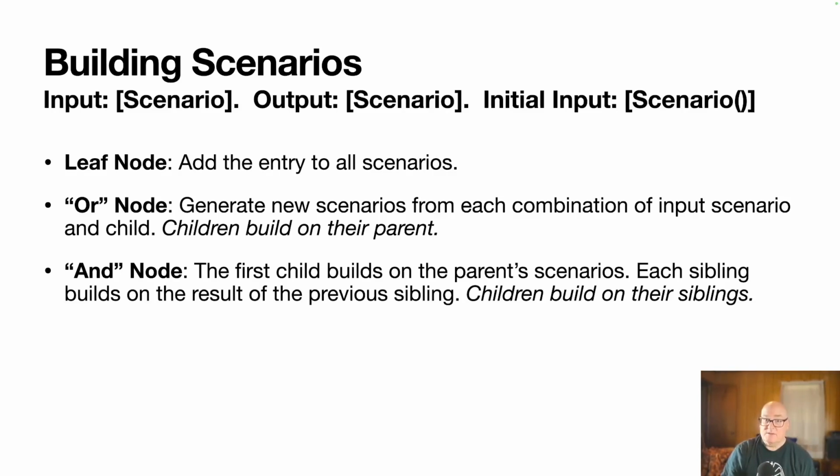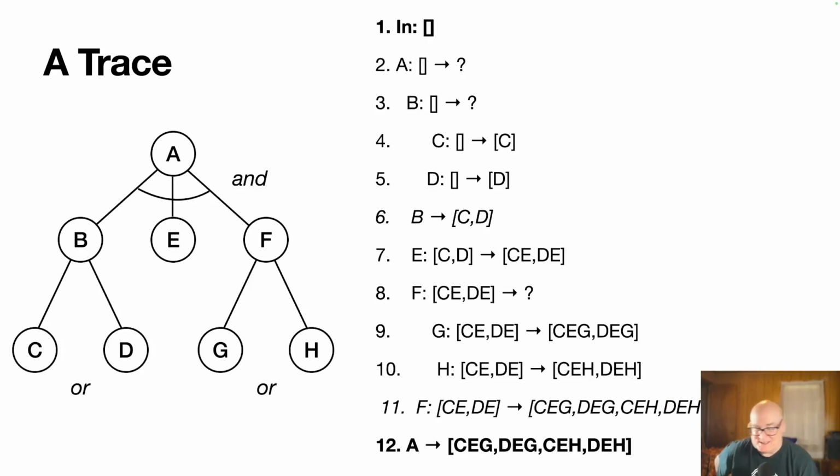This is because the AND is saying everything has to happen. So the first child happens, we don't care what the parent started with. The new result is whatever the first child generated, and we give that to the next sibling and go from there. We definitely got tangled up while we were implementing this, so if it's a little confusing, that's not totally unexpected.